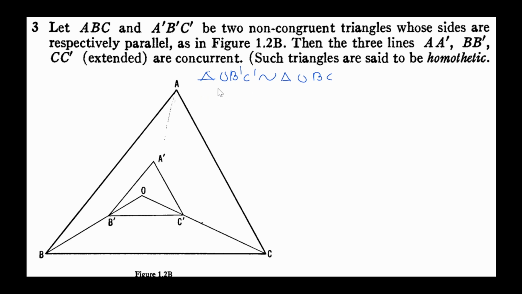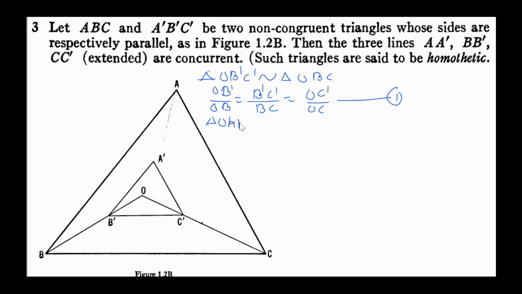Therefore, because of the similarity, we can say that OB dash upon OB is equal to B dash C dash upon BC is equal to OC dash divided by OC. Let us say this is equation number 1.